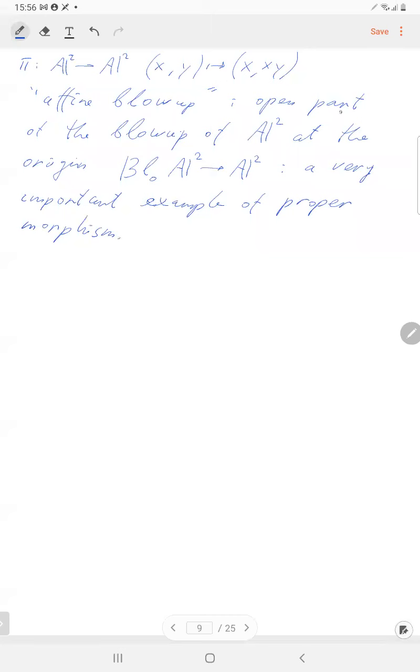Okay, in fact, it exists in any arbitrary dimension. So let me define it in this generality. A^n, and in fact, it lies in the product A^n times projectivization P^(n-1), and there is a projection onto A^n from here.